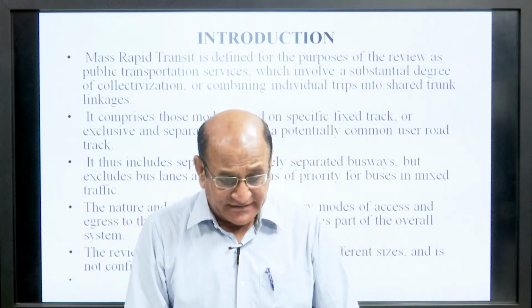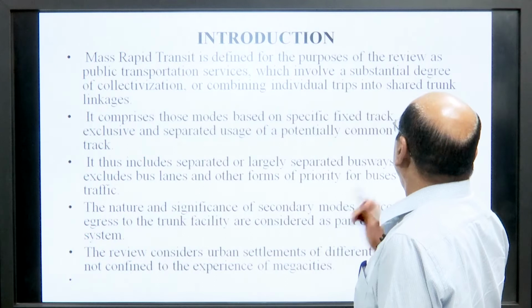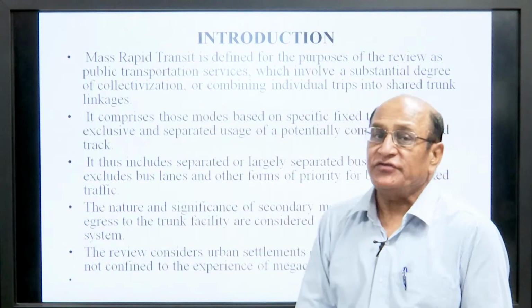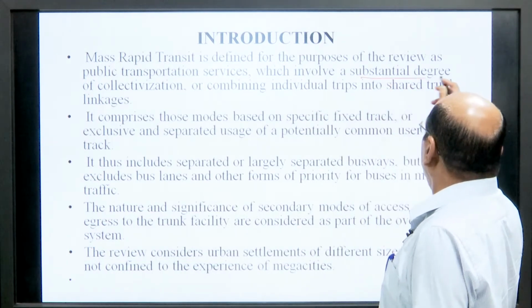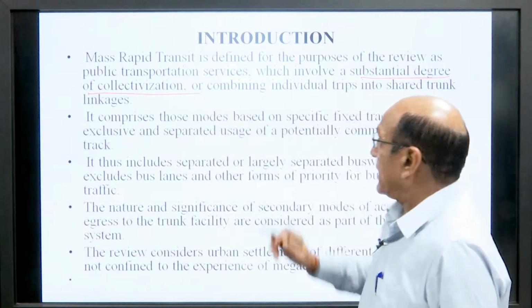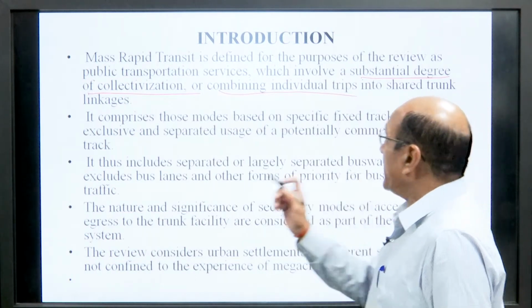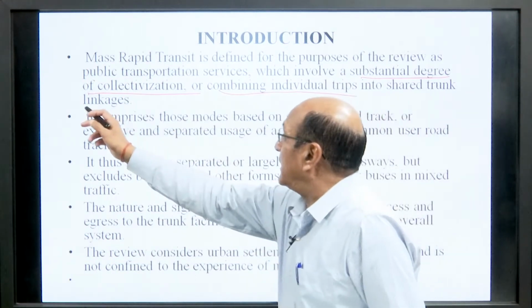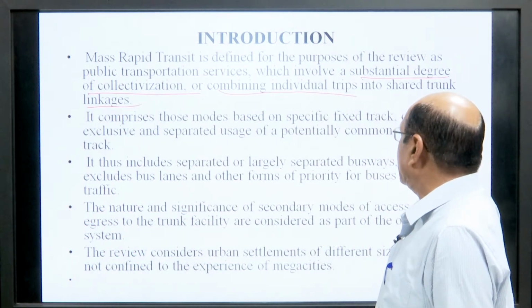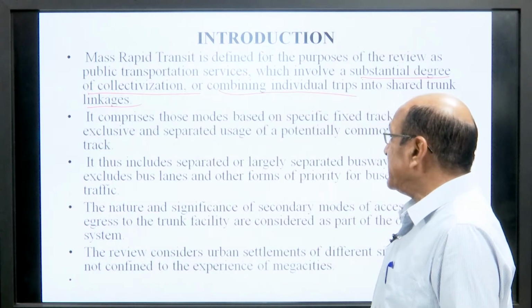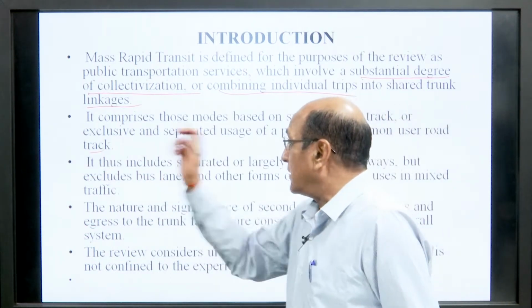A mass transit system is defined for the purpose of the review as a public transportation service which involves a substantial degree of collectivization, or combining individual trips into shared trunk linkage. It comprises those modes based on a specific fixed track or exclusive or separate use of a potentially common use road track.